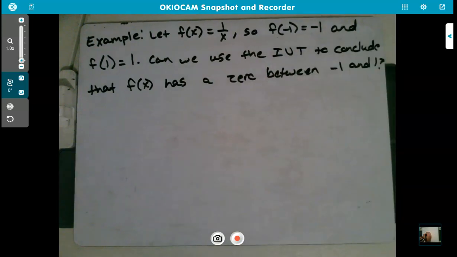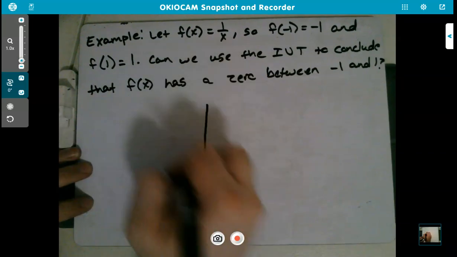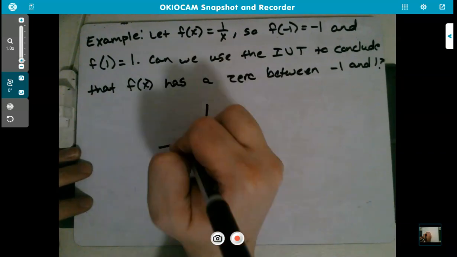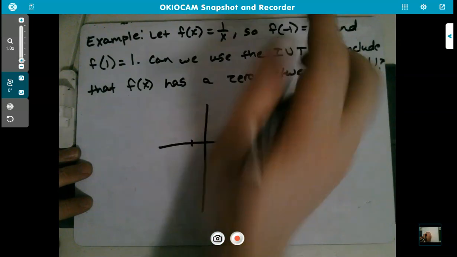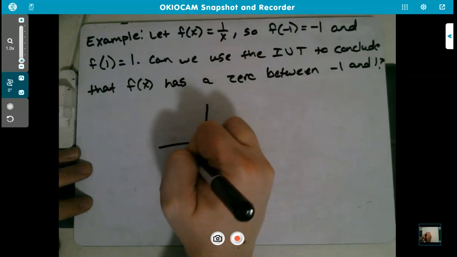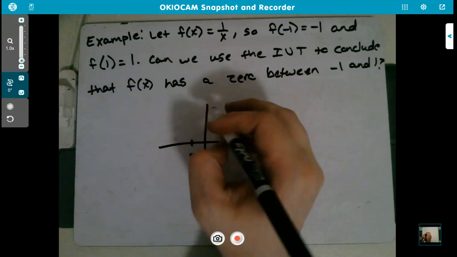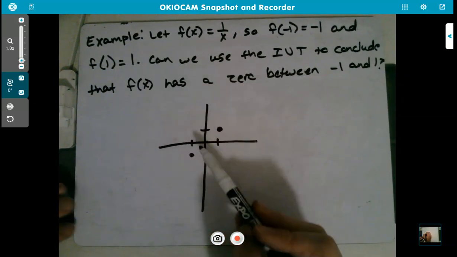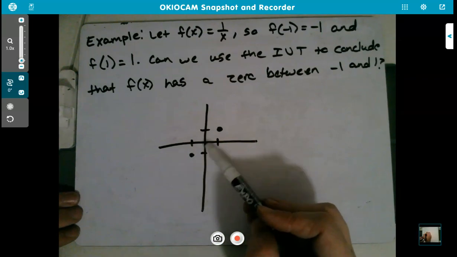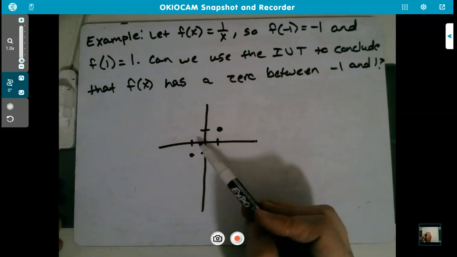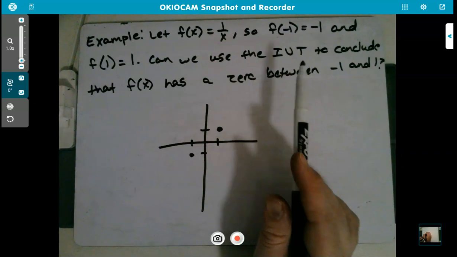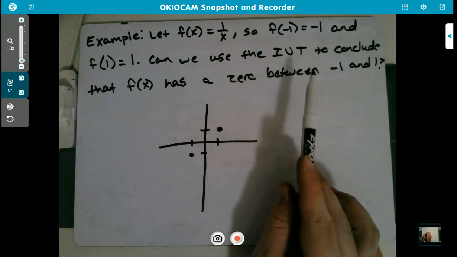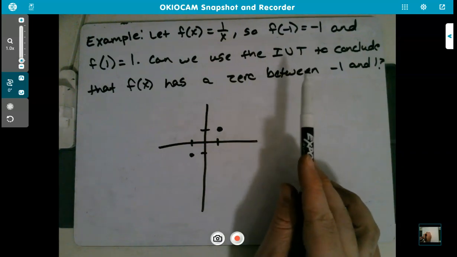So what this means is that on the graph right here, if I plug in negative 1, I get negative 1, so that's this point right here. And then if I plug in positive 1, I get positive 1, which is this point right here. So they want to know, do I have to cross the x-axis between them because of the intermediate value theorem?